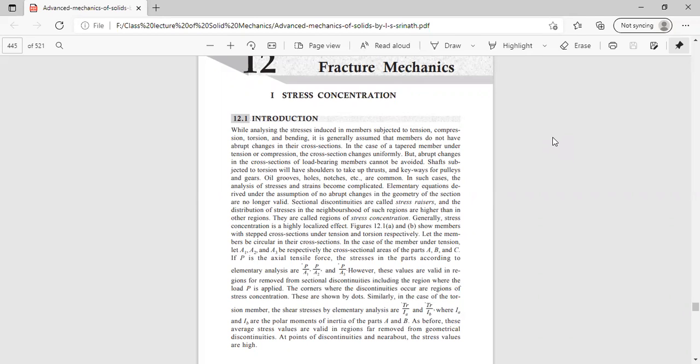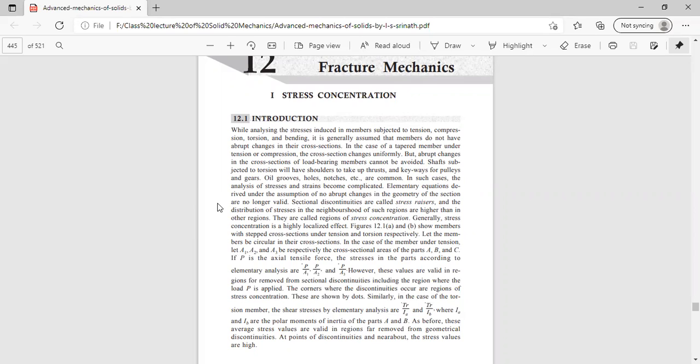First, we have to understand. While analyzing the stresses in members under tension, compression, torsion, bending, etc., so far we have assumed that the members don't have any abrupt change in their cross section.